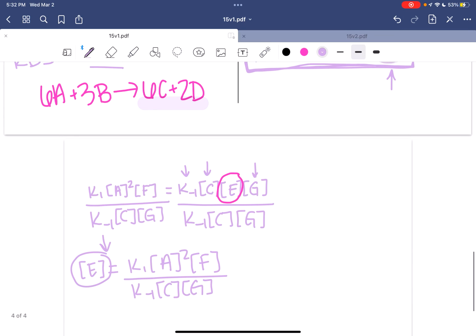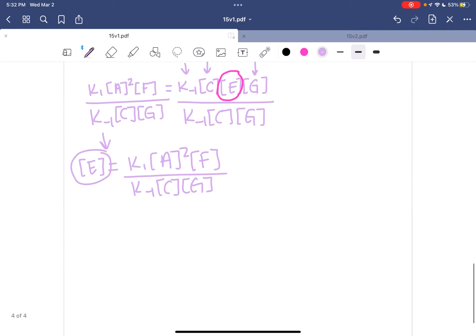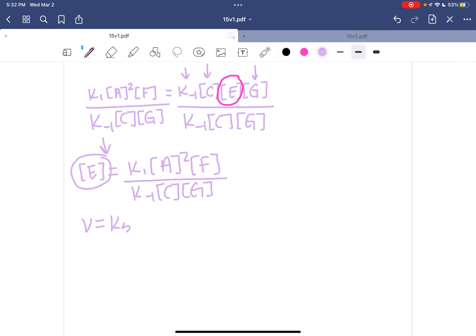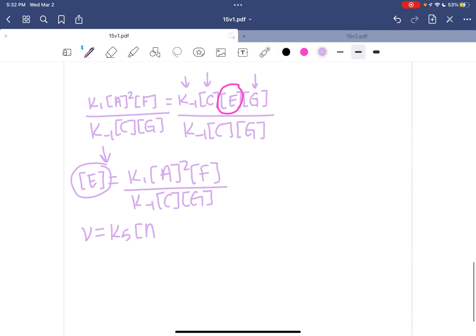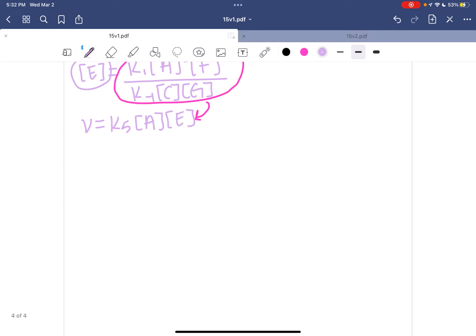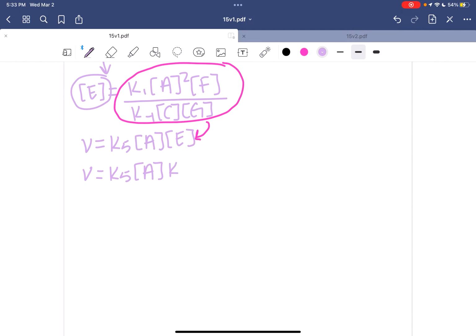And that is the rate is equal to K5 times the concentration of A times the concentration of E. So now, and I'll just do this in another color, all of this will be substituted in for E. So when we write that out, our rate then becomes K5 times the concentration of A times K1 times the concentration of A squared times the concentration of F, and all of that is over K minus 1 times the concentration of C times the concentration of G.